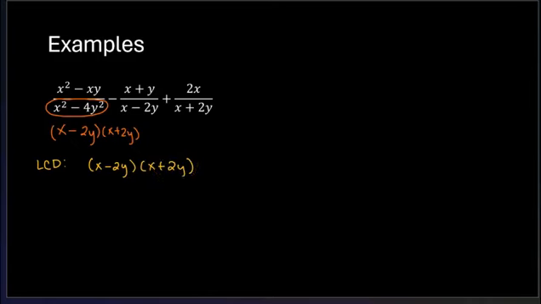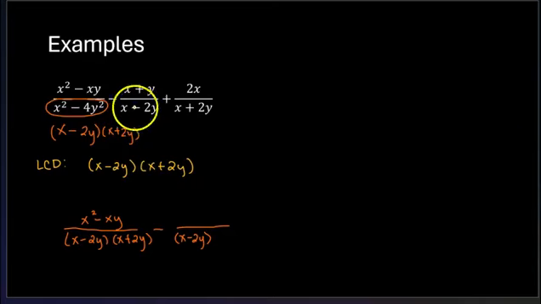If you notice, for your first fraction, you already have that exact LCD. So we're not going to multiply anything. We don't have to multiply anything because this is exactly the LCD. So we just copy the fraction. But for the second one, in order to have this LCD, I have to multiply by x plus 2y.